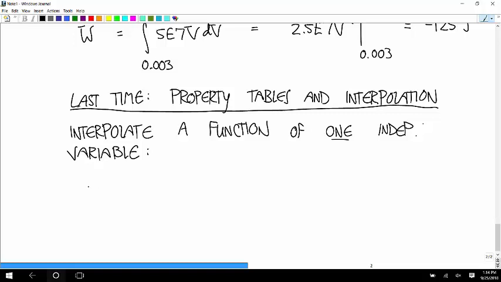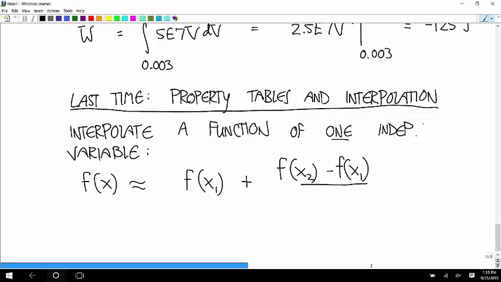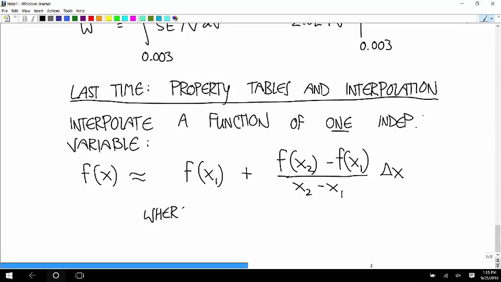Our approximation for the f value that we want, I'll call it f of x, we're going to approximate as f at the first value of the function that you know, plus, in the numerator, the function of the second x value minus the function at the first one, divided by x2 minus x1, and then times delta x, where delta x is equal to x minus x1.